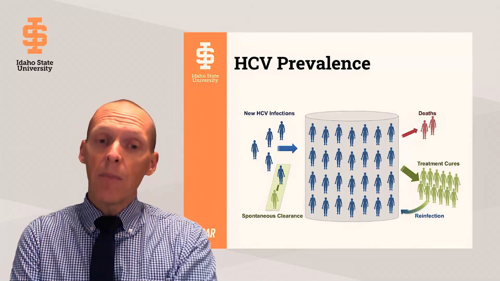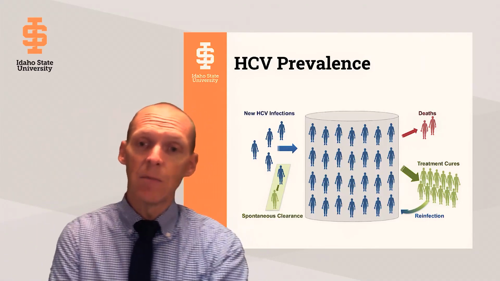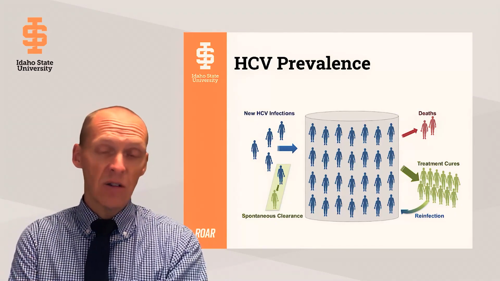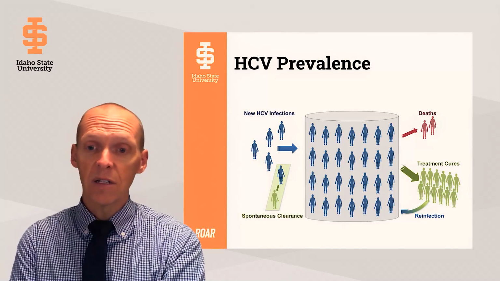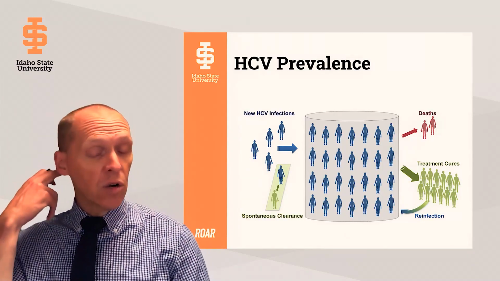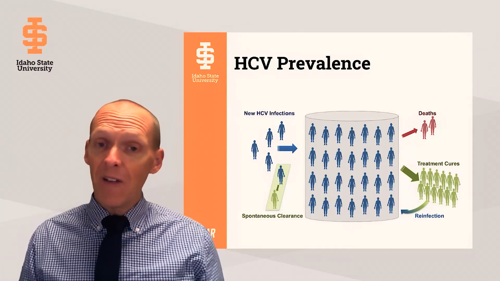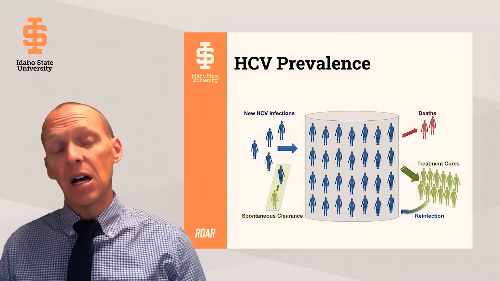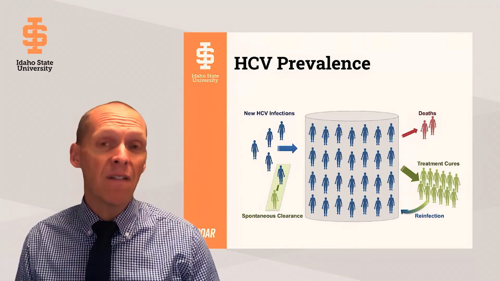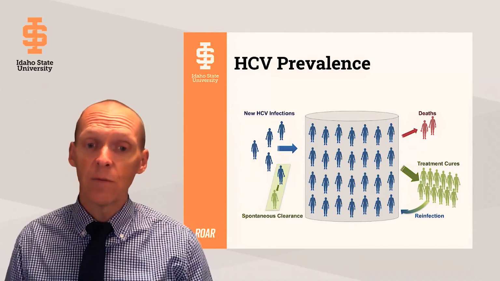But those who develop chronic hepatitis C are represented in this gray cylinder in the middle. Some will go on to die either from hepatitis C-related causes or other causes. Others will be treated to cure and will come out of this pool. Some of those individuals may be reinfected. Those that are cured may have secondary infections if they have ongoing risk of transmission.